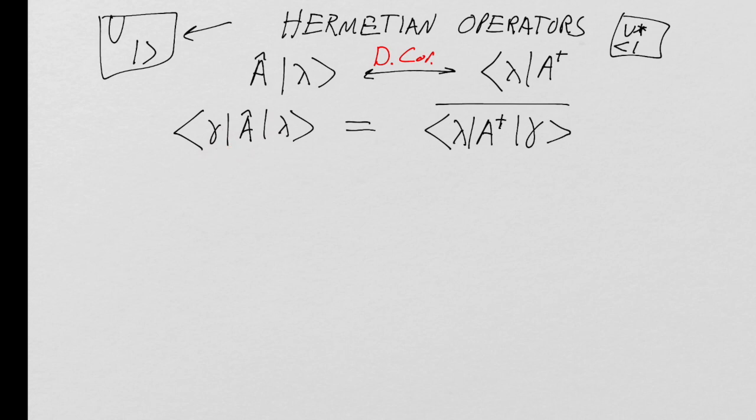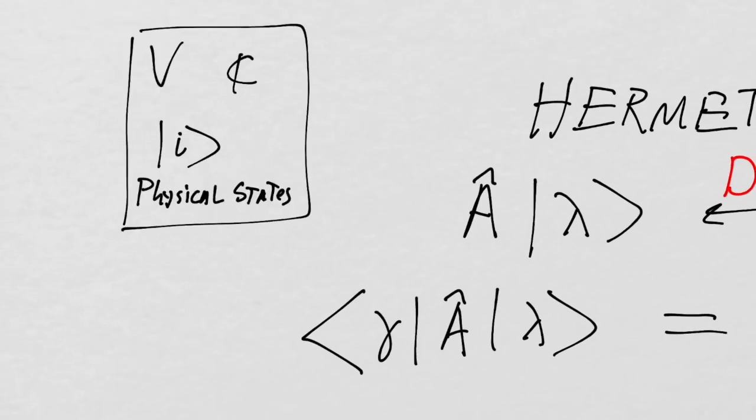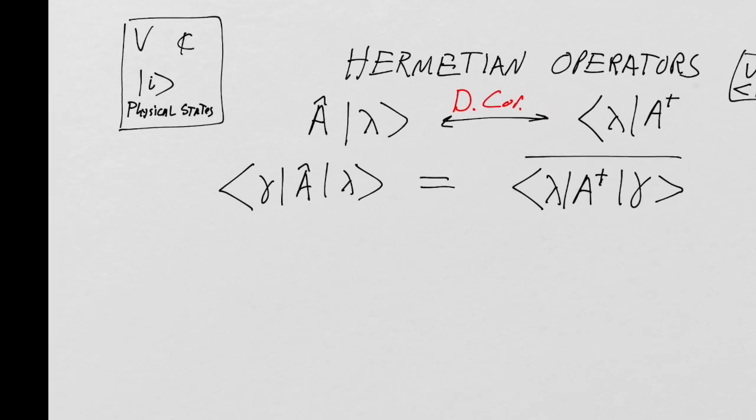So if we chose a basis, which we're going to call i over here for this vector space, let me clean that up. We've got our vector space of physical states called the Ket space, and we have the orthonormal basis i.